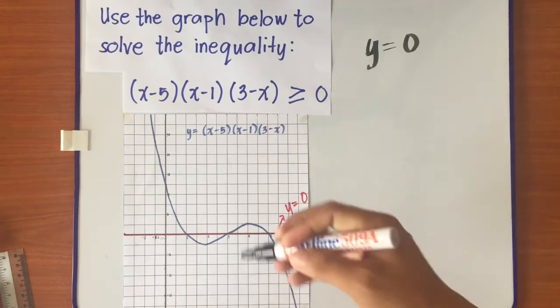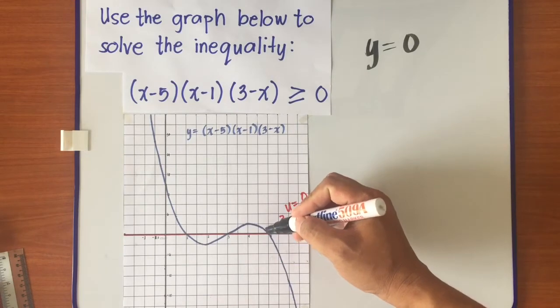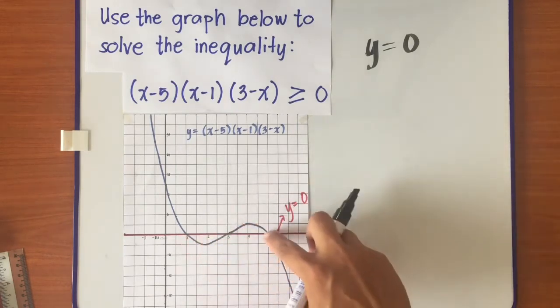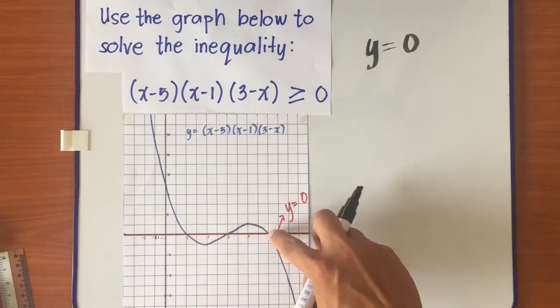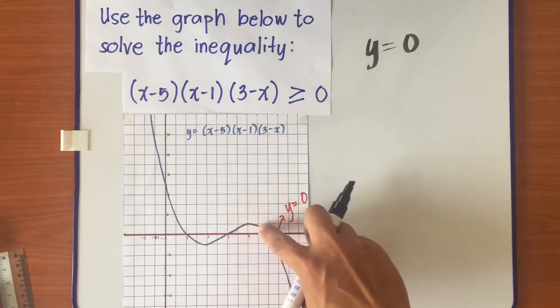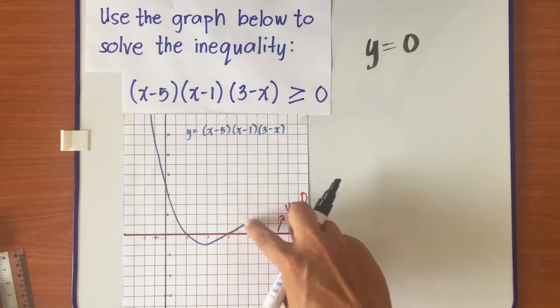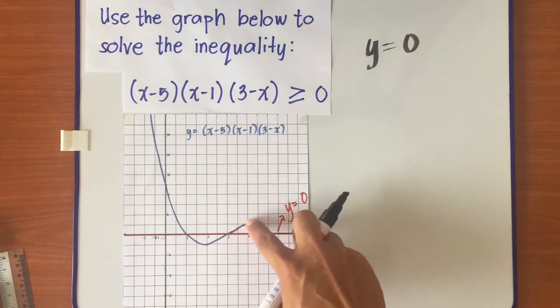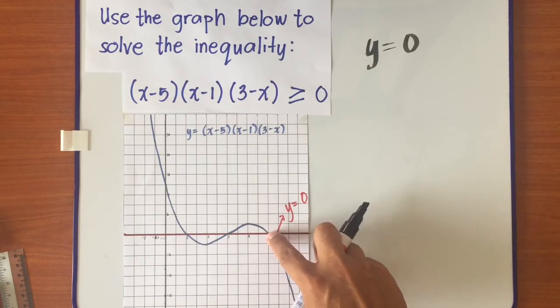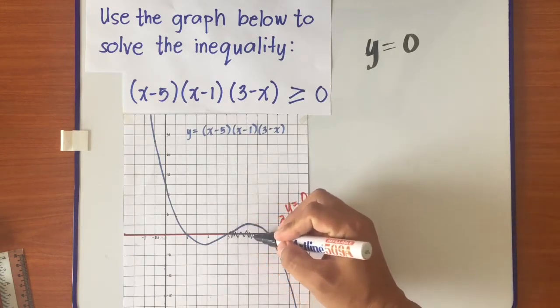So what are those? This part. Above. I am not going to consider this and this, but I am only going to consider this part. And I will be asking myself, what are the values of x on this part, from here to there? So what are those values? It's only this part.